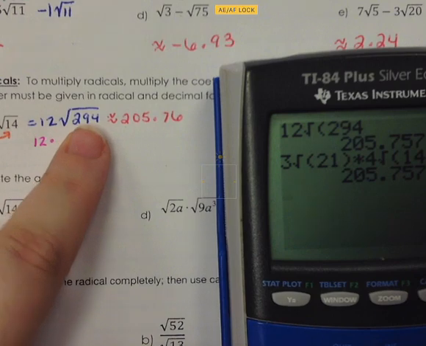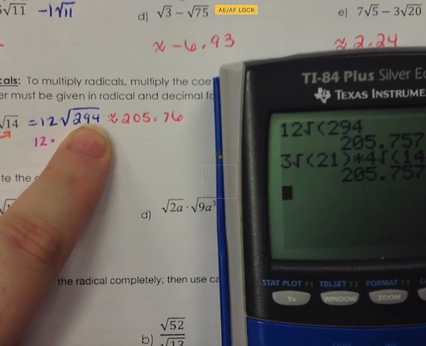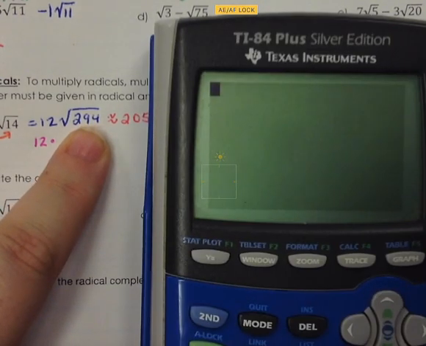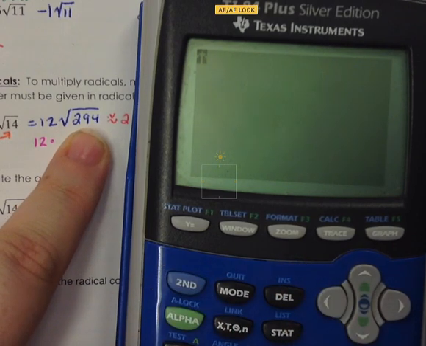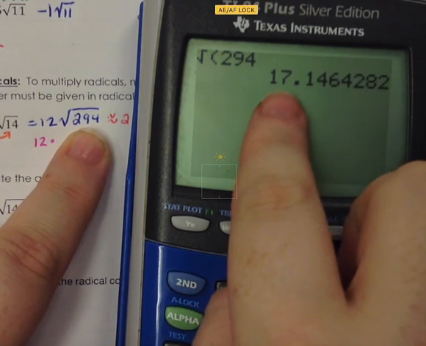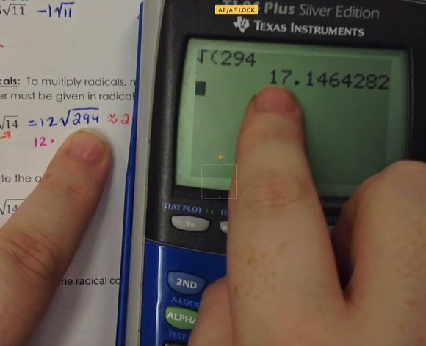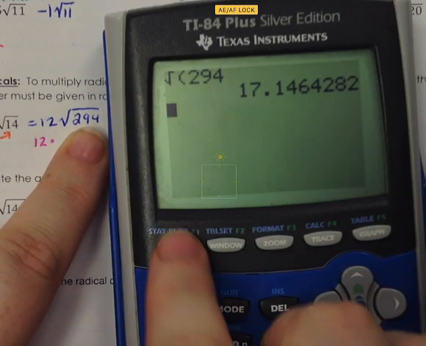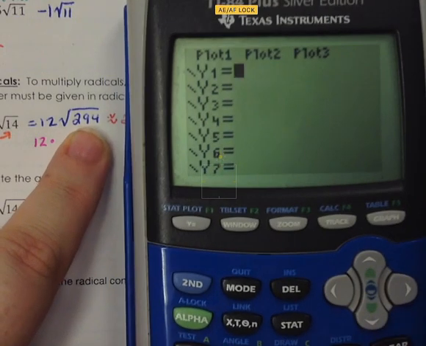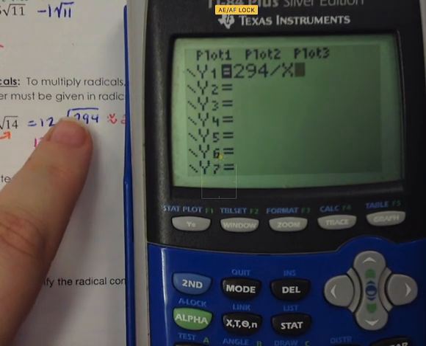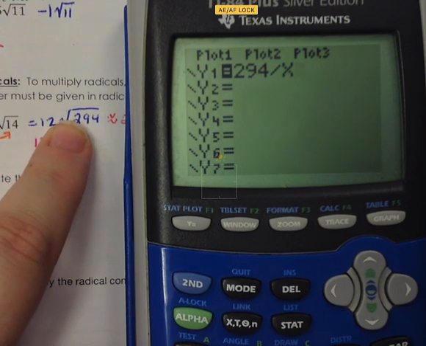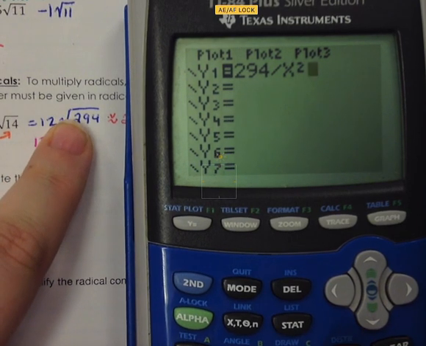What we're going to do is break this up into a new coefficient and a new radicand. So I take the square root of 294 to know where to start. Go to the y equals, and we do the radicand 294 divided by x raised to the index. This is a square, so raised to the second power.